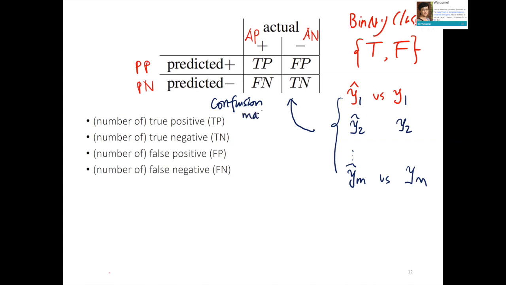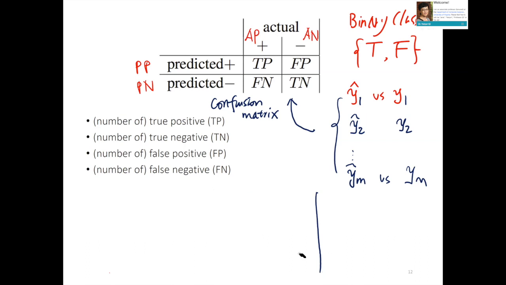So it's the confusion matrix, and this is a binary case, right? It's just true and false. So you really just fill in this table by counting.